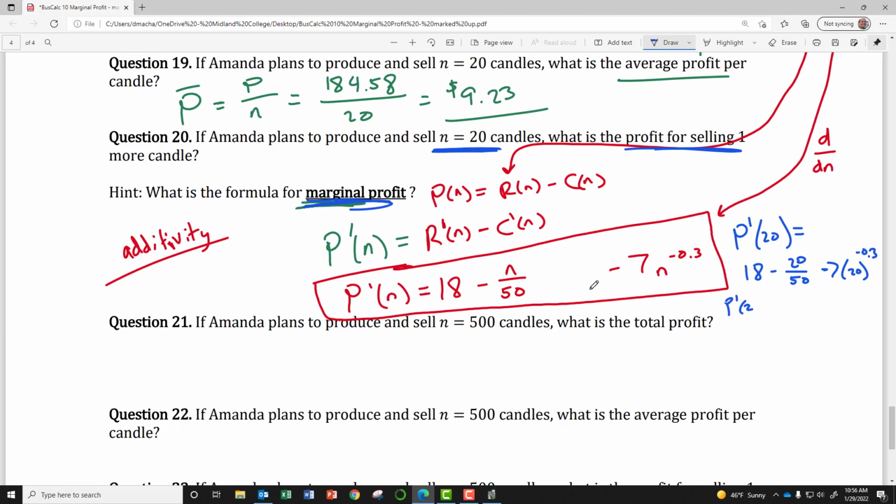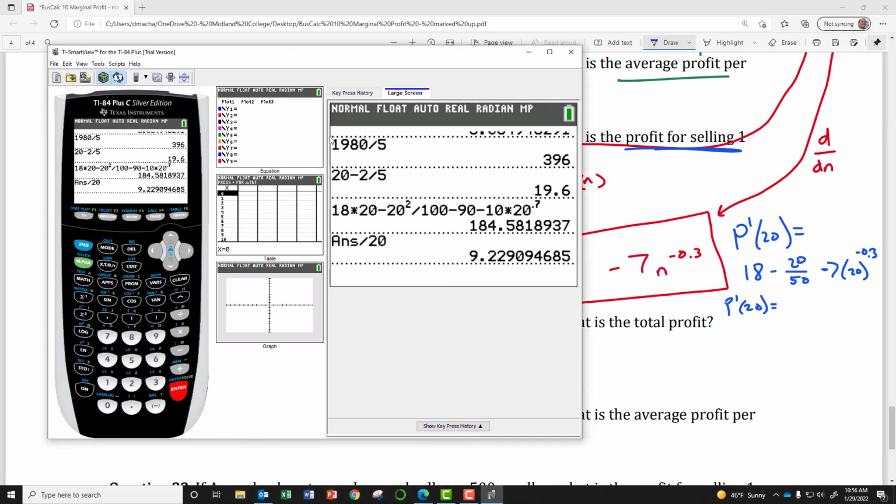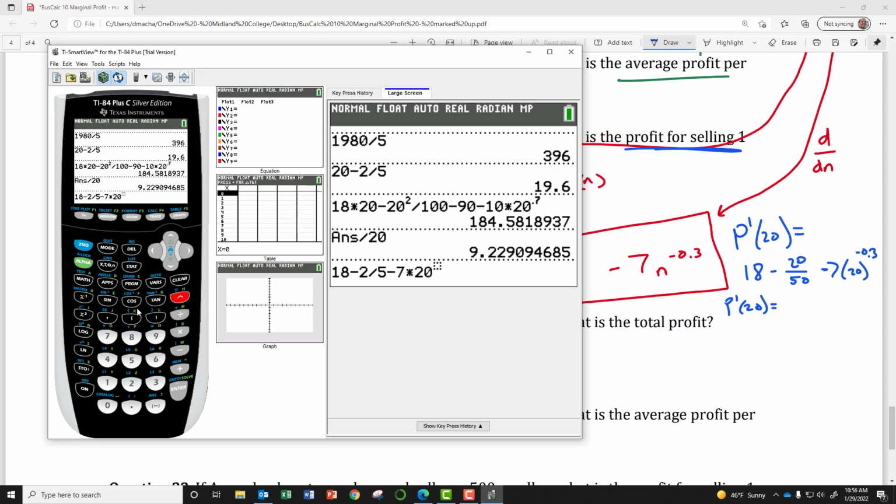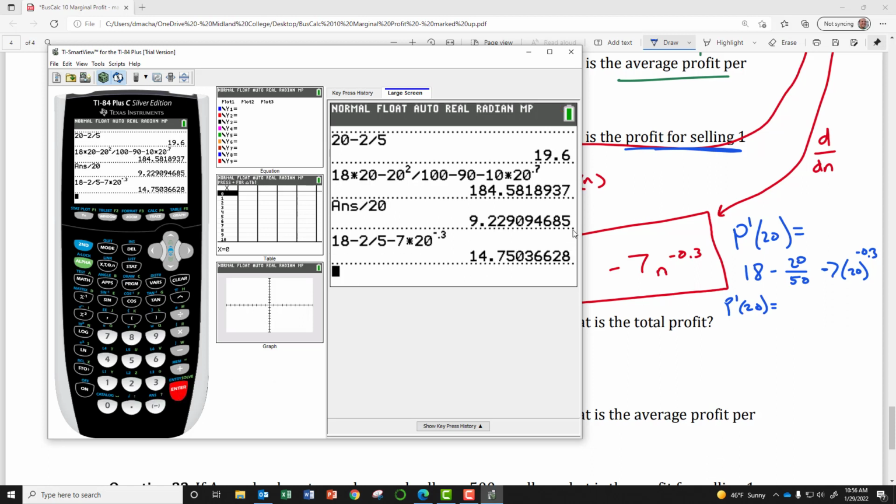So the answer to the question is 18 minus 20 divided by 50, minus 7 times 20 to the power negative 0.3.